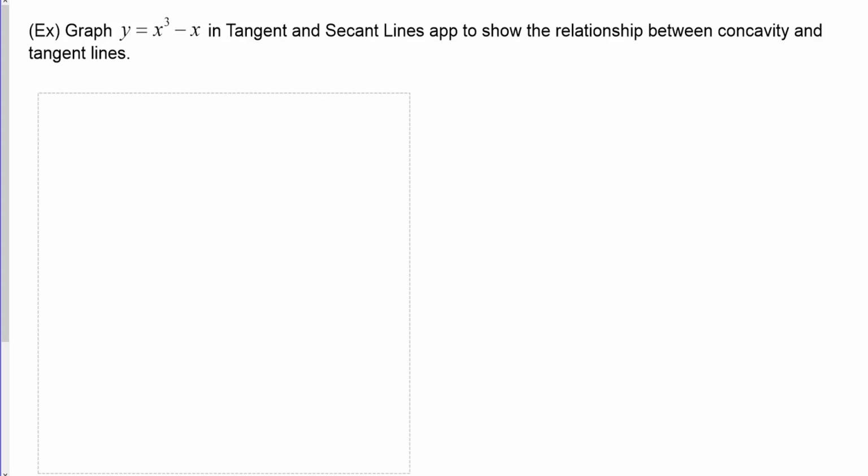Let's look at an example here to help us understand this relationship between concavity and its tangent lines. Okay, so here I have the graph of a function, and I can move a point along that function and look at different tangent lines for this particular function.